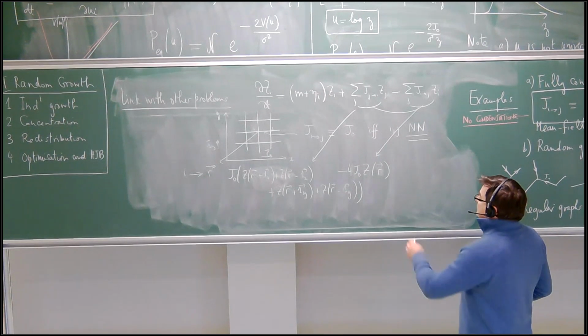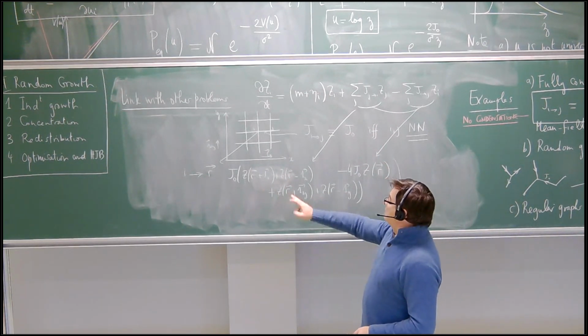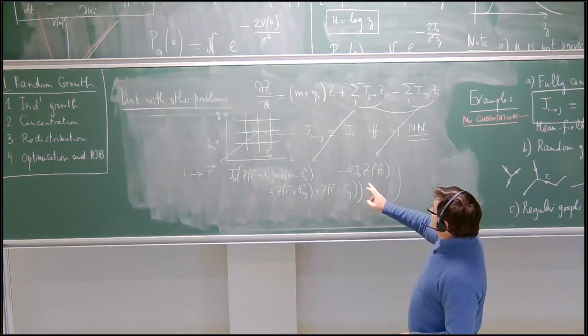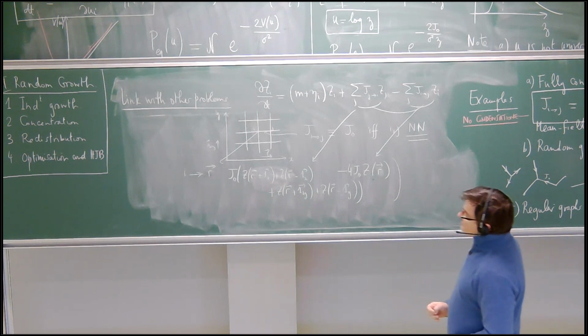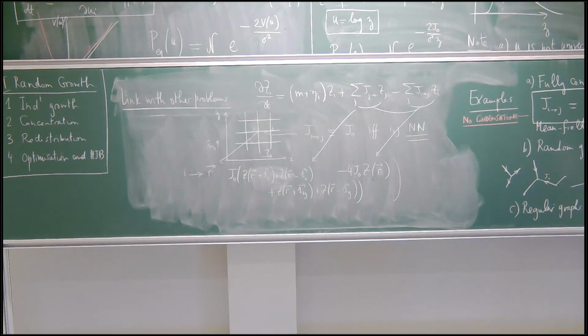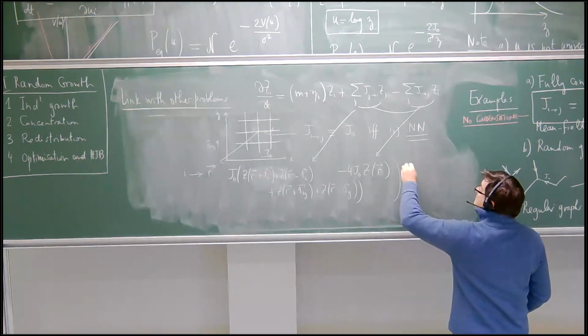And I guess you won't be surprised to see that the first term is 4 times z of r, so it goes away with that one. The second term vanishes, and what you get in the end is a Laplacian term. So this is the equation in the continuum limit.